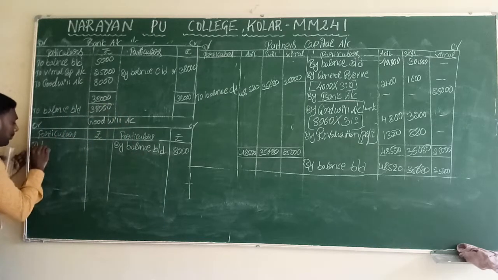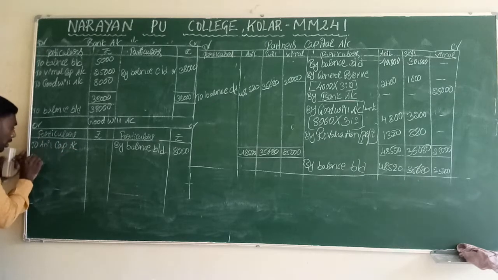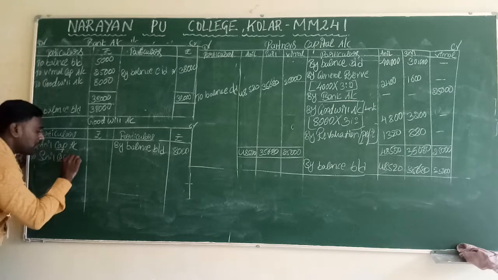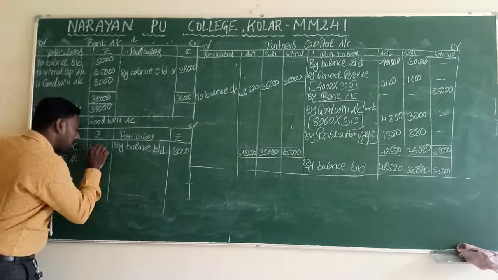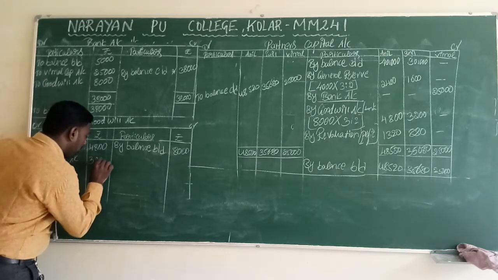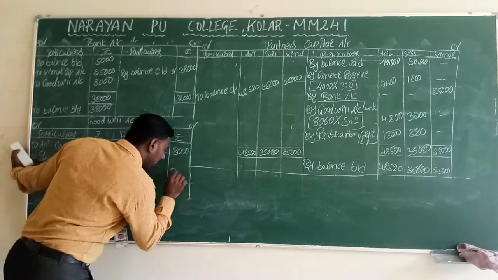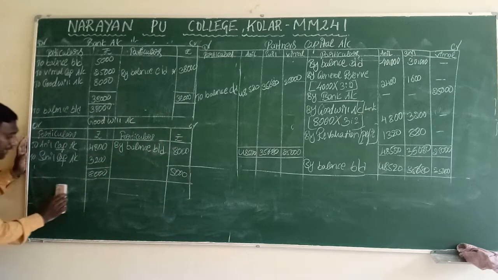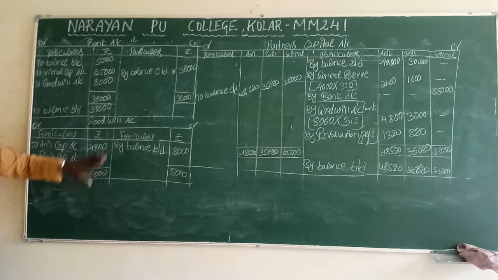We are distributing to Anil's capital account and Sunil's capital account, according to the ratio: 4,800 rupees and 3,200 rupees. By adding these two, we get 8,000 rupees. The goodwill account is not a compulsory account. It is optional. If they ask in the examination, we have to prepare it. Otherwise, no need to prepare the goodwill account.